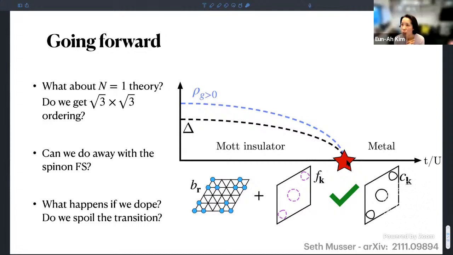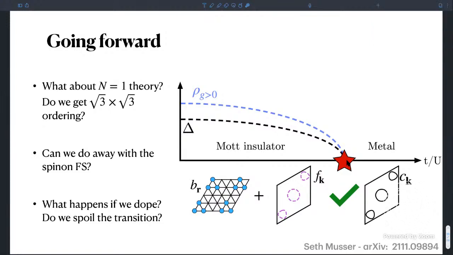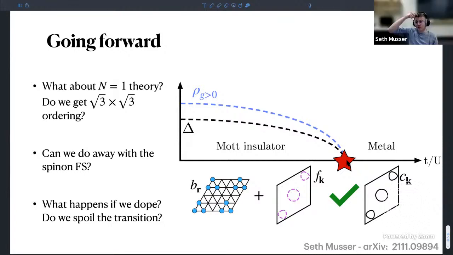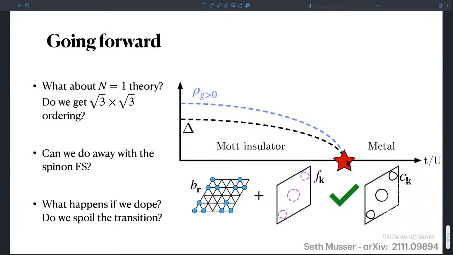Wait. You're saying the charge gap and something else are not happening at the same point? No, I'm trying to read this. You said you doubted whether or not they would. I want to make sure that I read this picture correctly.